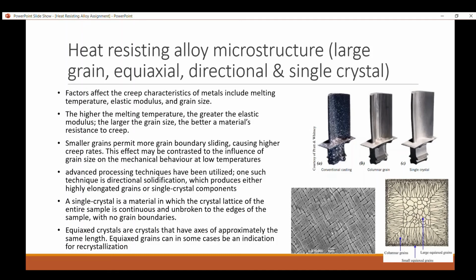This will increase the material's resistance to creep. In terms of grain size, the smaller grains permit more grain boundary sliding, which causes the creep to increase. This effect can be referred to the grain size effect on mechanical behavior at a lower temperature.